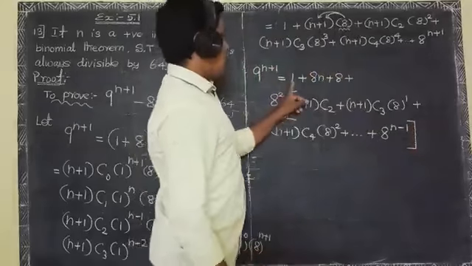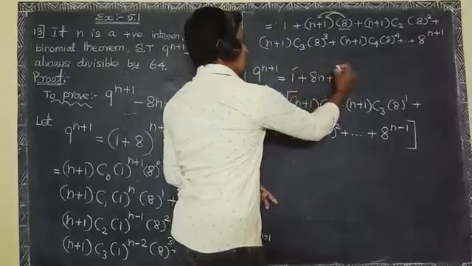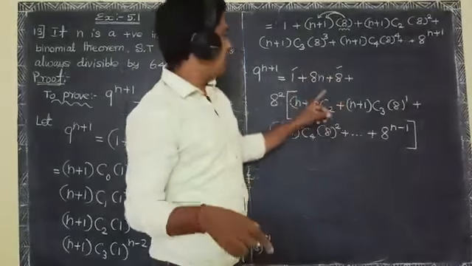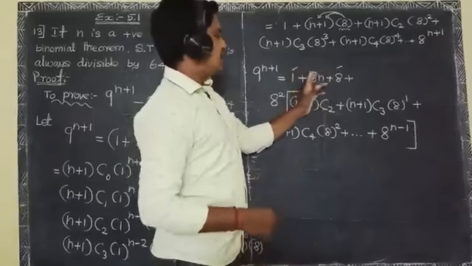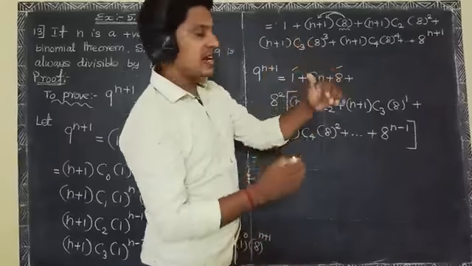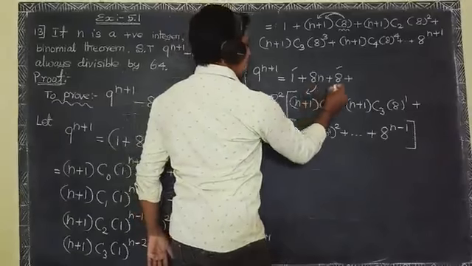Here 1 plus 8 is 9. The 8n and these terms go to the left hand side.